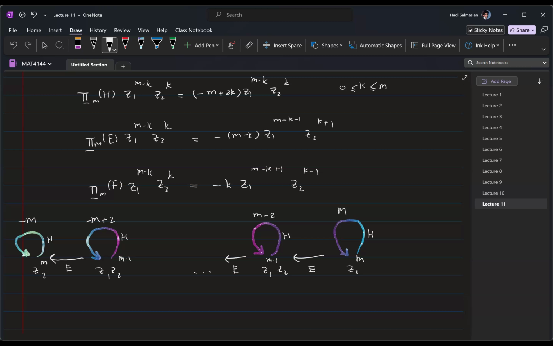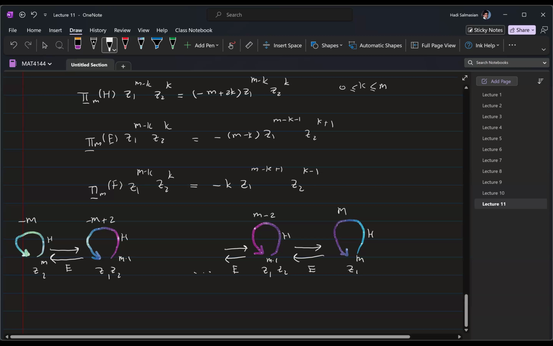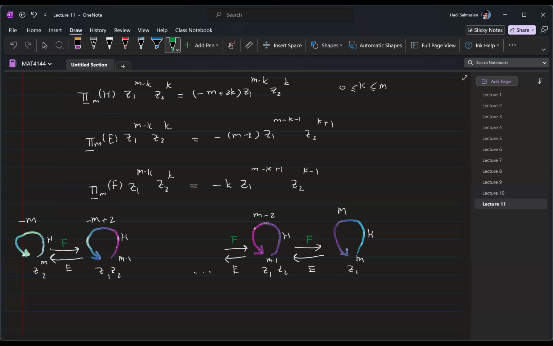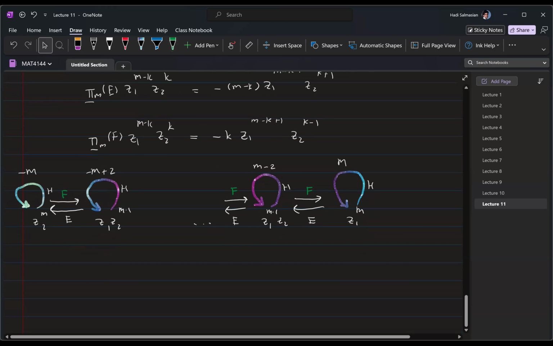And the F's push vectors downwards, and the last one will be annihilated. Are you guys following? Is it clear? Not at all clear? Let's work it out.